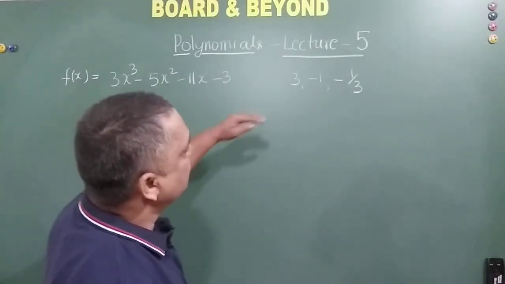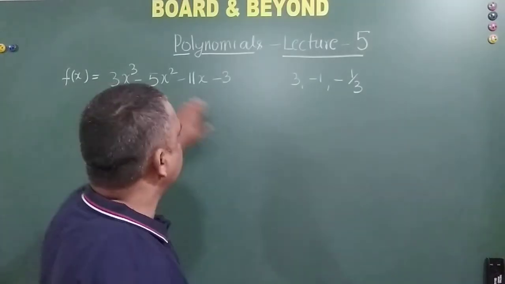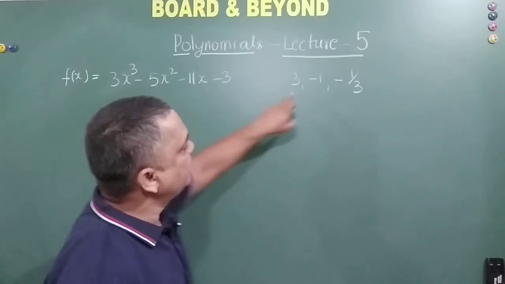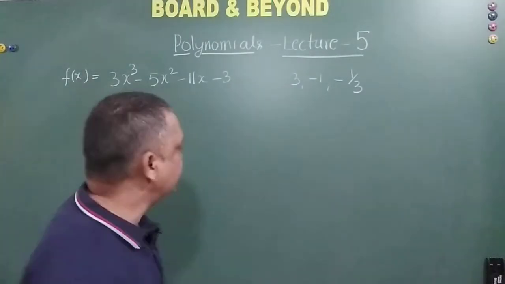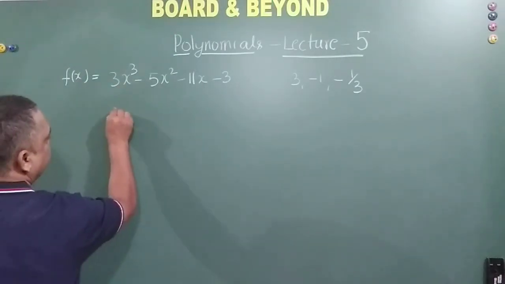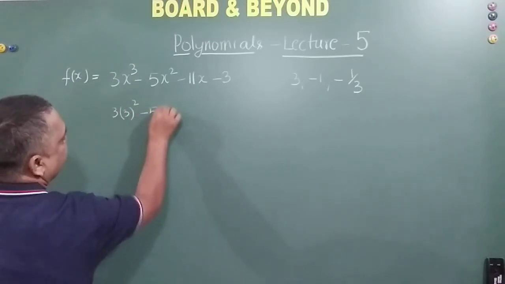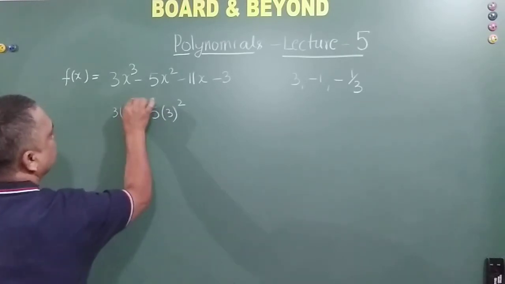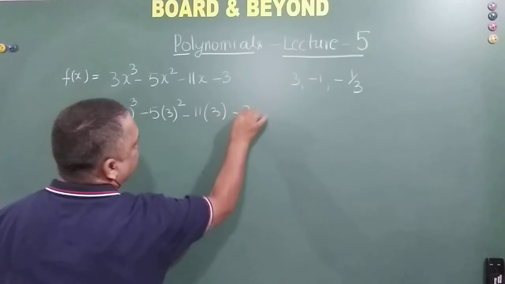As we know, 3, -1 and -1/3 are the three roots for this cubic polynomial, which means that if x takes a value of 3, this polynomial should be equal to 0. Right, friends? So let's do it for the first number, that is 3. So 3 into 3 cube, minus 5 into 3 square, minus 11 into 3, minus 3.